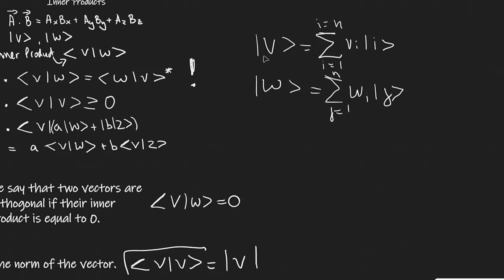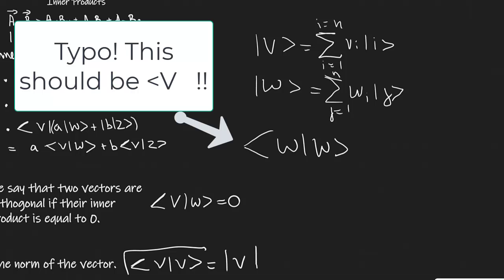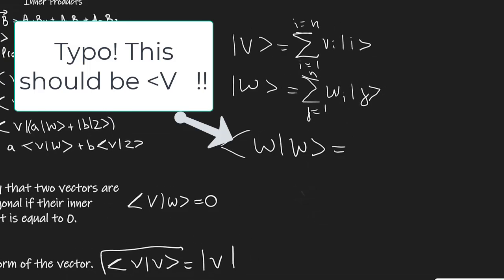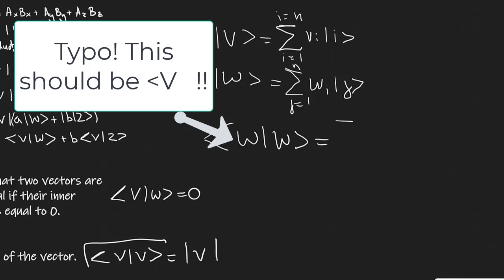If we have two vectors, v and w, the inner product of v and w will be equal to the sum of the components. So we're going to be summing twice, first over i from 1 to n, and then over j from 1 to n, of the transpose complex conjugate of vi, which we're going to denote with this star.